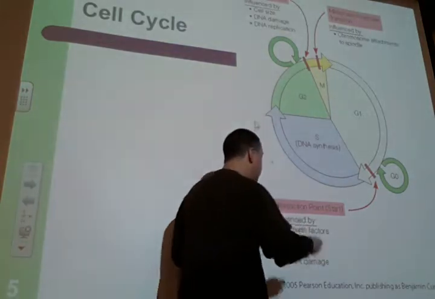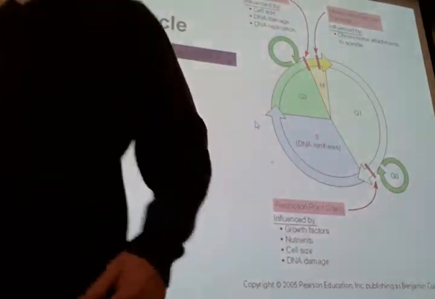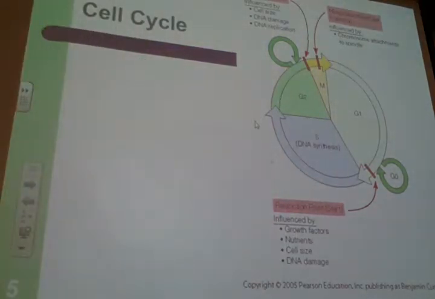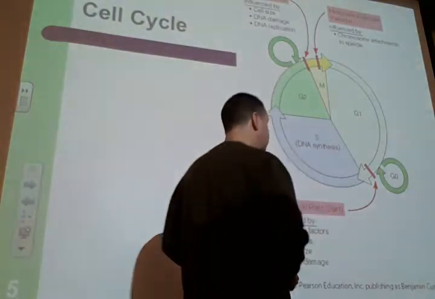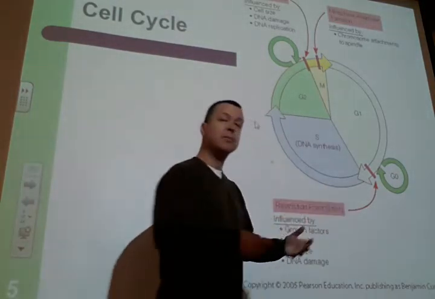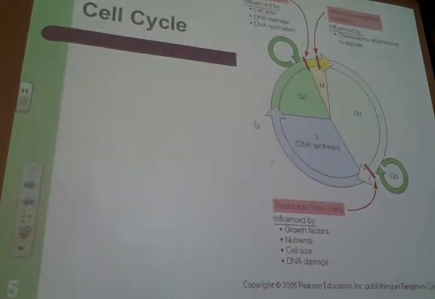So these things that the cell is sort of monitoring are important because if some of these run out or there is, say, DNA damage or something, the cell can slow down the cell cycle to sort of accommodate. Okay, so it's not always running at maximal speed. It depends on these kinds of factors.